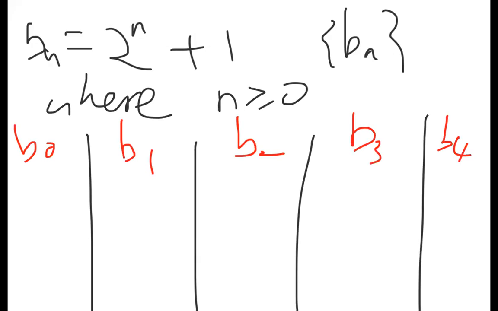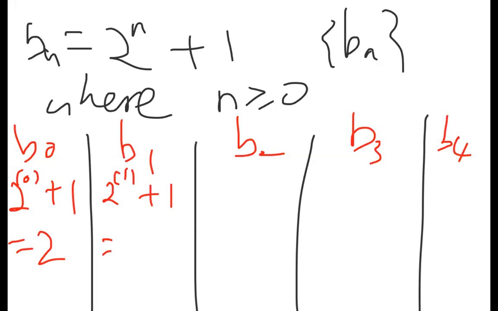The first one, B0, when you plug in 0 into the general term, 2 to the 0 power plus 1. 2 to the 0 power is 1, so 1 plus 1 is 2. For the second one, 2 to the first power plus 1, well, 2 to the first power is 2, so plus 1 is 3.